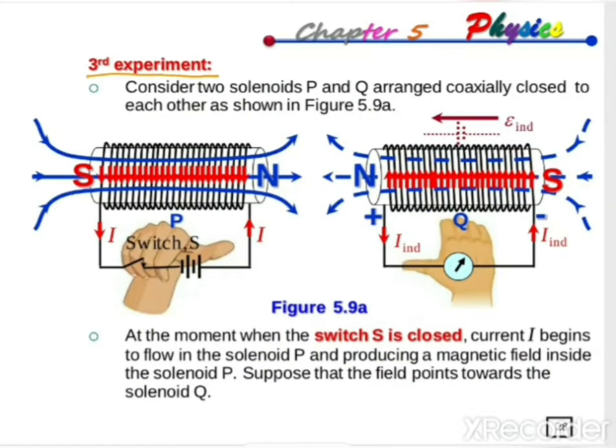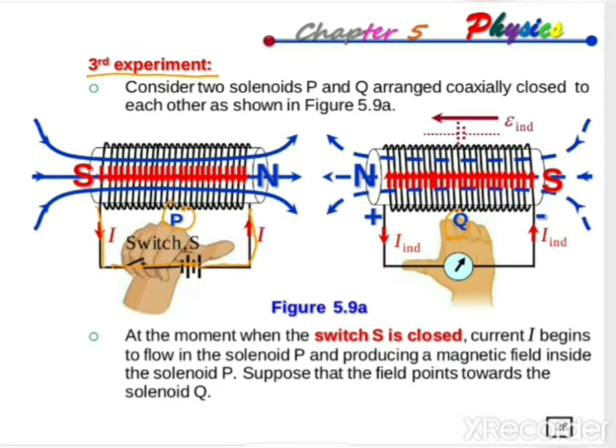Third experiment. Consider two solenoids P and Q arranged coaxially close to each other as shown in figure 5.9a. At the moment when switch S is closed, current I begins to flow in solenoid P, producing a magnetic field inside the solenoid.